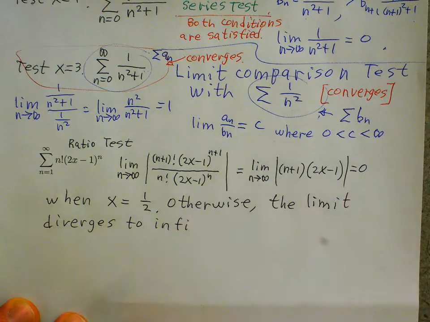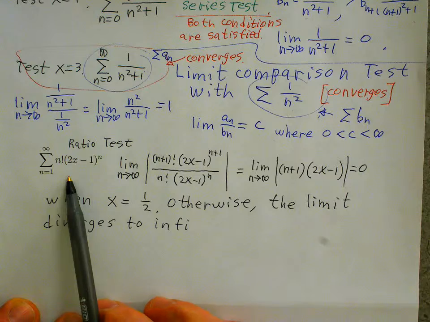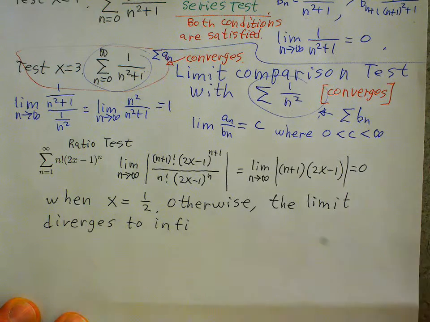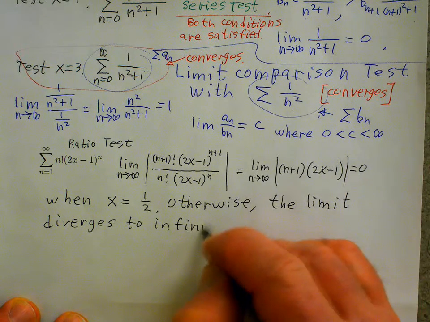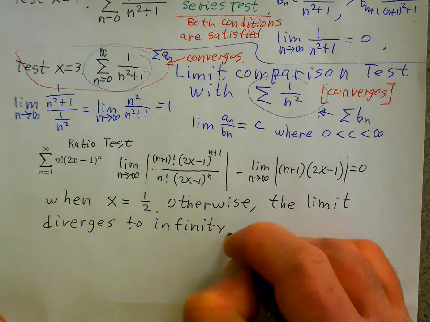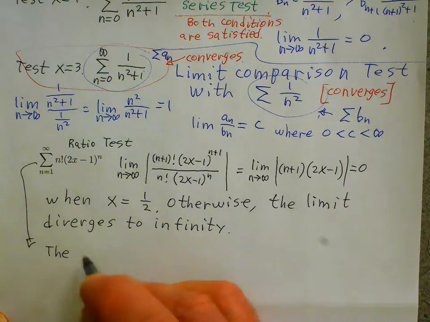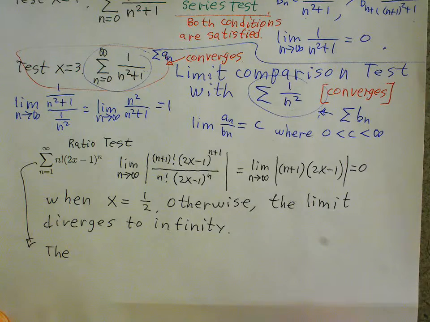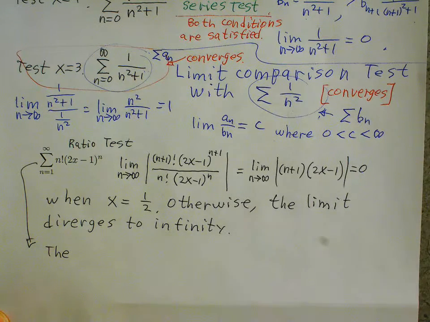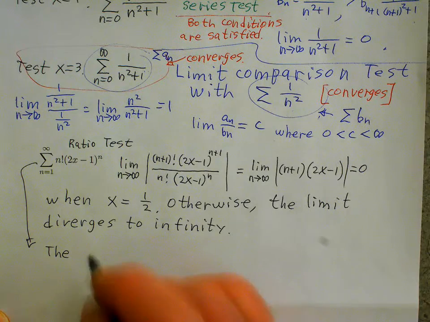So this series converges at one value, x equals 1/2. Did I say that right? The infinite series converges at x equals 1/2.